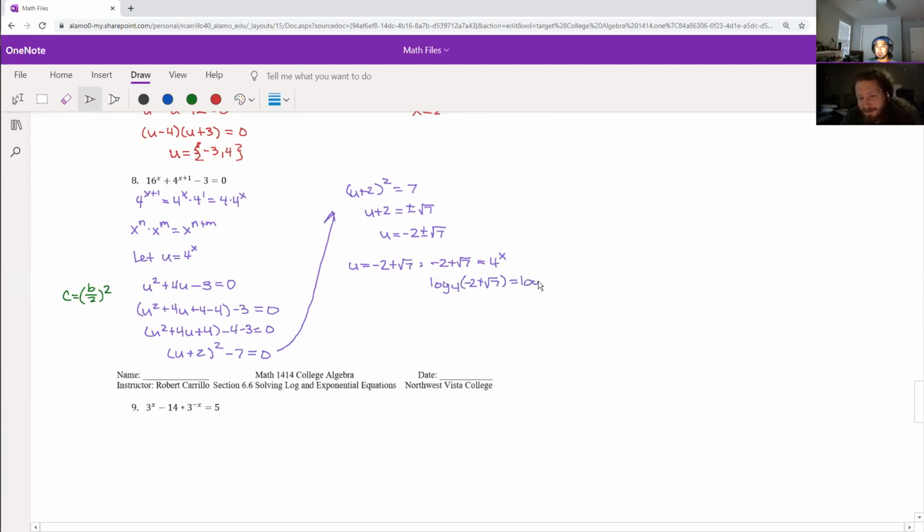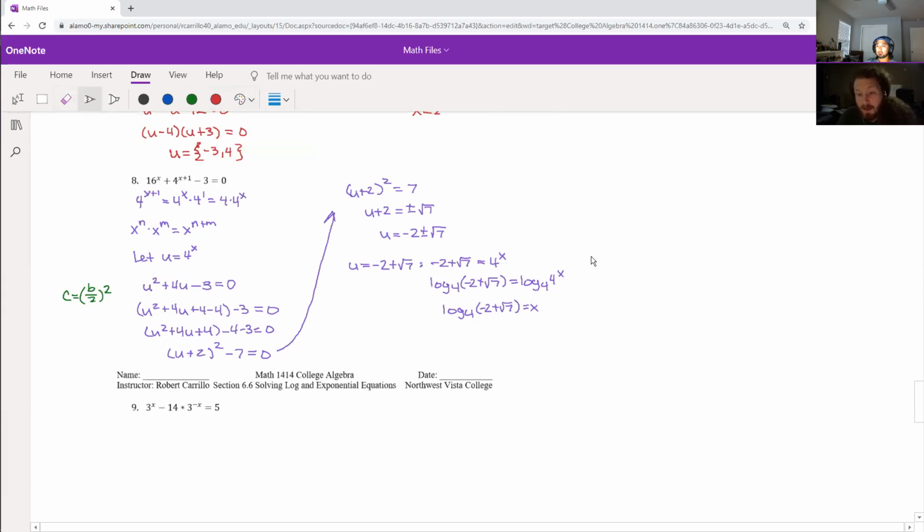So you will get log base 4 of negative 2 plus the square root of 7 equals x. This is greater than 1, so we're good. Or it's definitely greater than 0. So this will work. Whether or not it's actually a solution to this equation, we'll leave to a calculator.